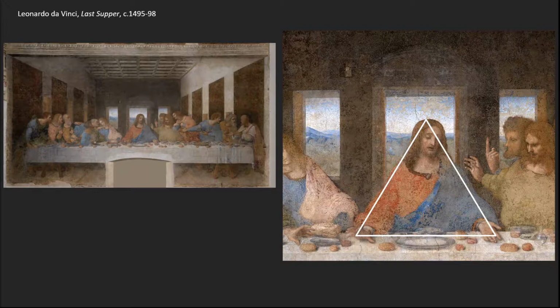How would you react if the person you're following says, one of you is going to betray me, and you don't know who it is yet? Could it be me? They're all thinking, could it be me? And so what Leonardo's interested in is this human reaction to Jesus' proclamation.